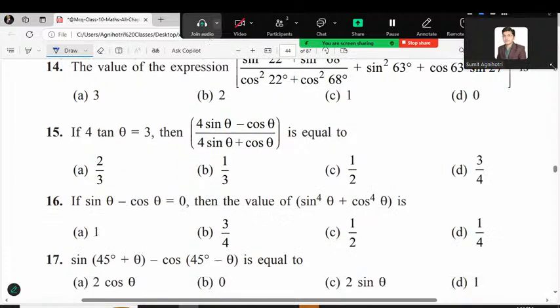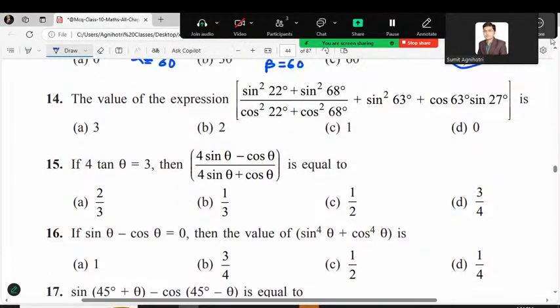Come to the question 14. Sine square 22 becomes cos square 22, because cos 90 minus 68 is sine 68, and here it can be written as sine square 68.